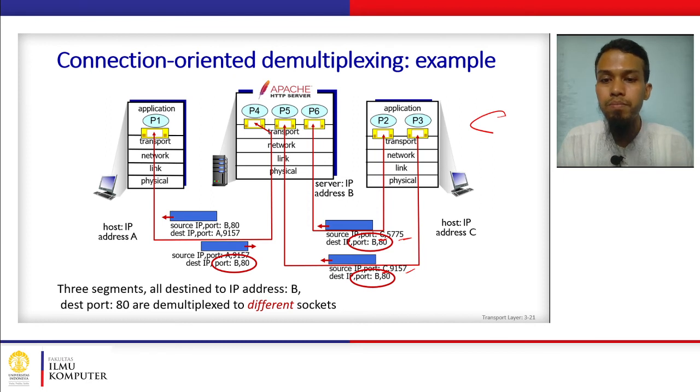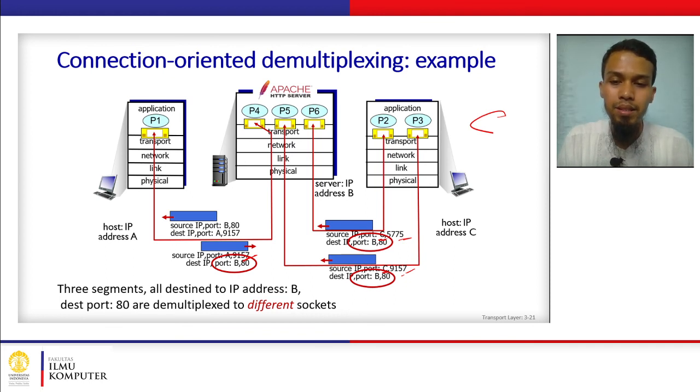And for host A, although it has the same destination IP and port number, B and 80, as the other 2 processes, it has a different source IP address and source port number. If we have a look at this, it has the same port number 1957 as process number 3, but a different source IP address.